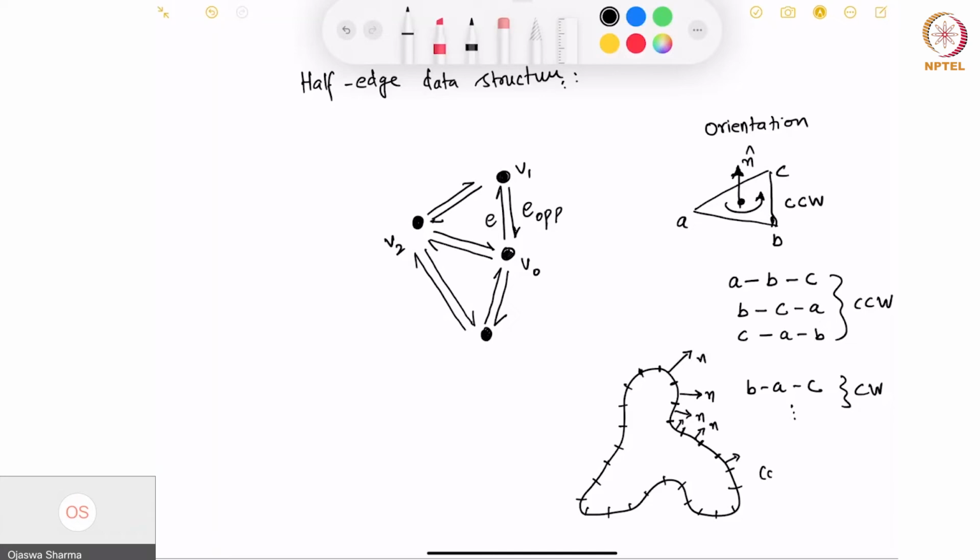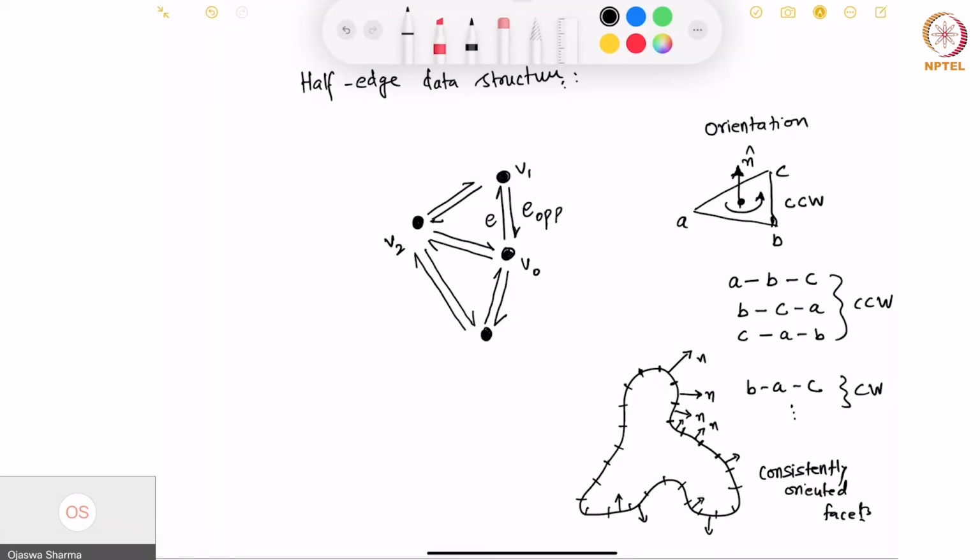And these are consistently oriented facets if the normals of all the facets are consistent. If I have a normal inside and some of them are outside, that's inconsistent. Because a lot of algorithms will depend on consistent orientation. I would want to make sure that my mesh facets are consistently oriented.